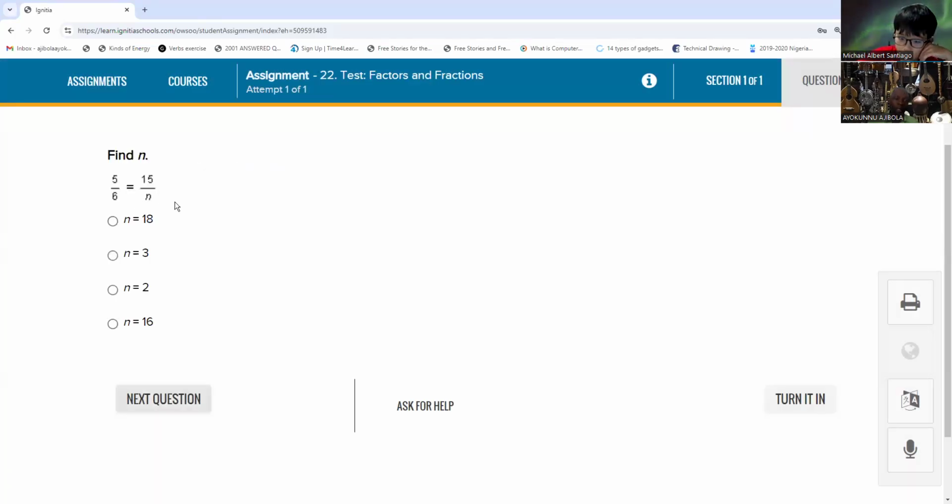Then find n. Can you find n in this? Try it. Find n. 5 times what will give you 15? Five times what will give you 15?